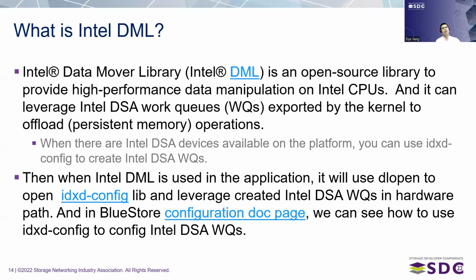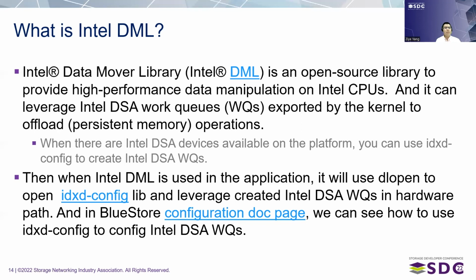This page also introduces what the Intel DML library is. Intel Data Mover Library is an open source library that provides high performance data manipulation on Intel CPUs, and it can leverage Intel DSA work queues exported by the kernel to offload persistent memory operations. When there are Intel DSA devices available on the platform, you can use accel-config to create the Intel DSA work queues.